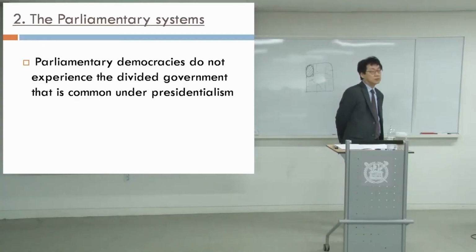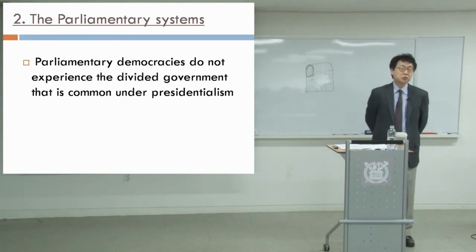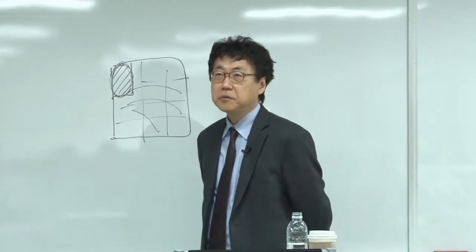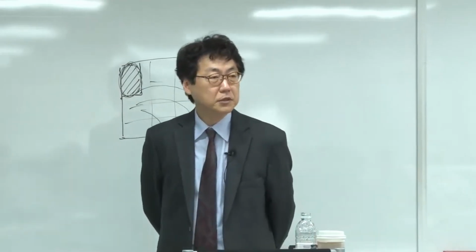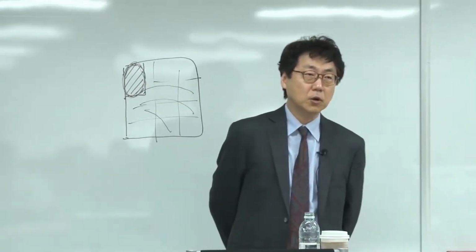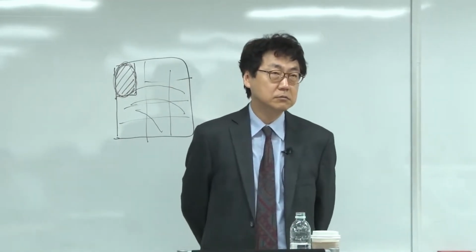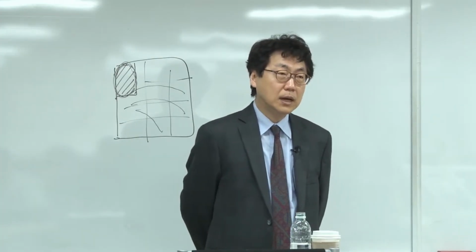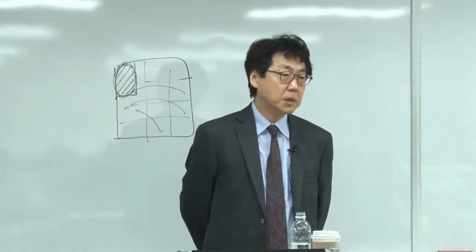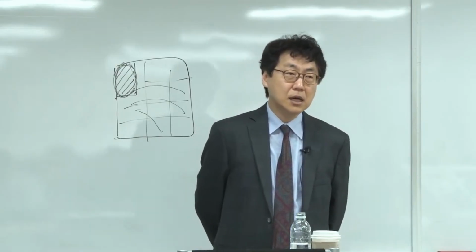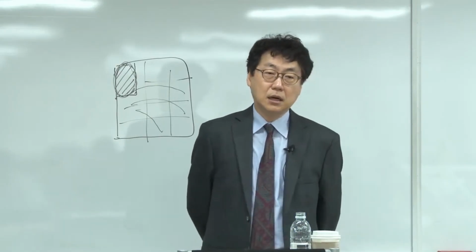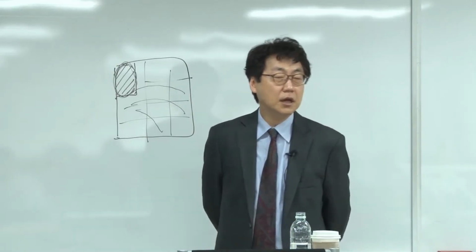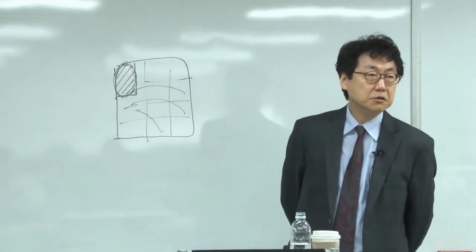Well, that does not mean that it has always been the case, right? The famous case of divided government in Korea was, going back to the days of Notae, when the Democratic Justice Party, 민정당, had fewer than half of the seats in the National Assembly.